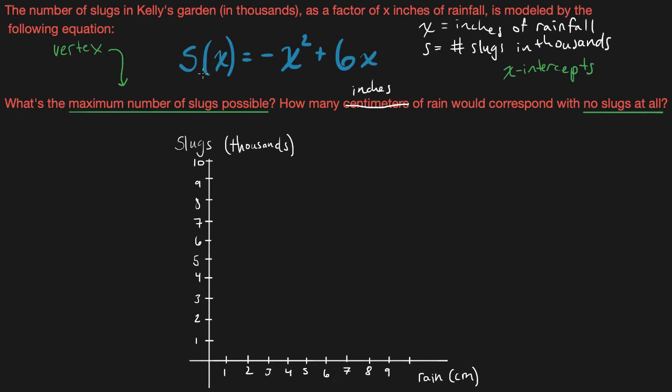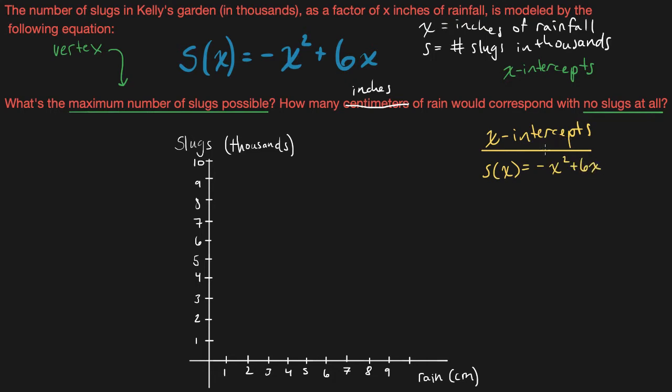So again, the equation is S of x is equal to negative x squared plus 6x. So I'm going to write that over here. We're going to find our x-intercepts, and we know that S of x is equal to negative x squared plus 6x.